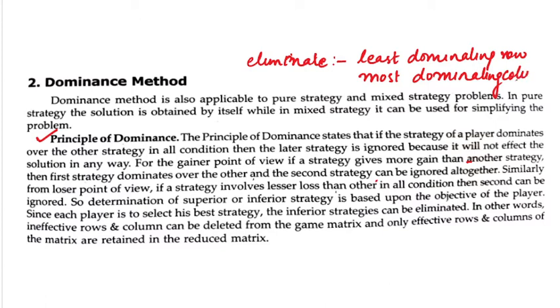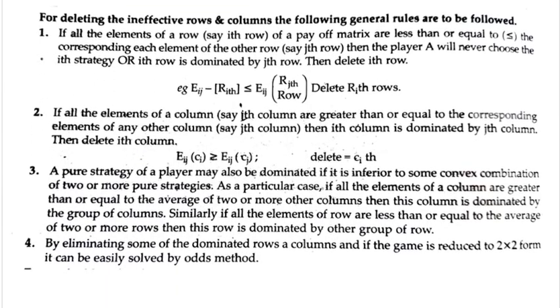From the column we have to delete those columns which have major dominance, and from the row we have to delete those with least dominance. So here are the rules. If all the elements of a particular row are less than all the other rows' elements, then we delete that row.